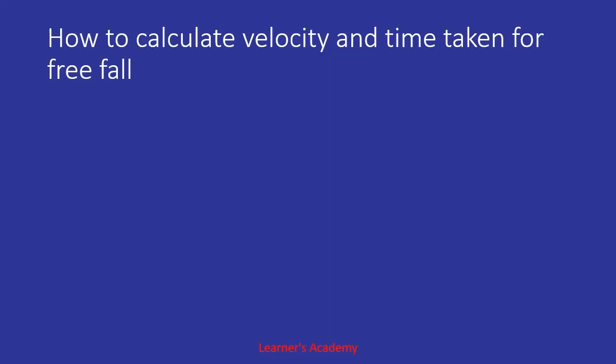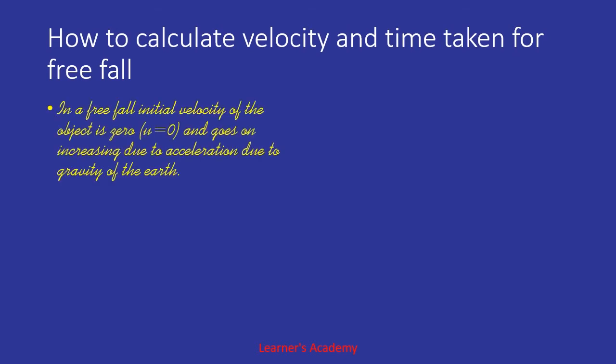How do we calculate velocity and time taken in case of a free fall? Let's have a recap of all the points that we have learnt in the previous slides. The first says, in a free fall, initial velocity of the object is always zero. That means u is always zero, and it goes on increasing due to acceleration due to gravity of the Earth.